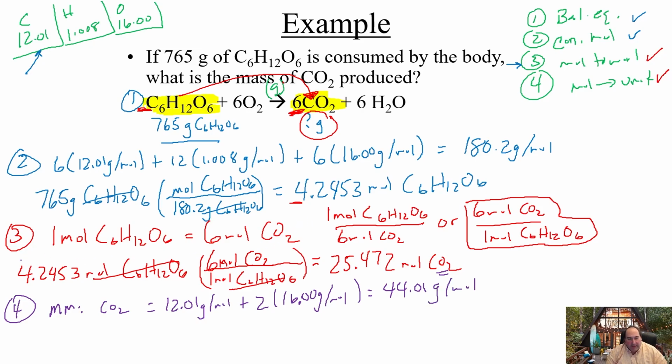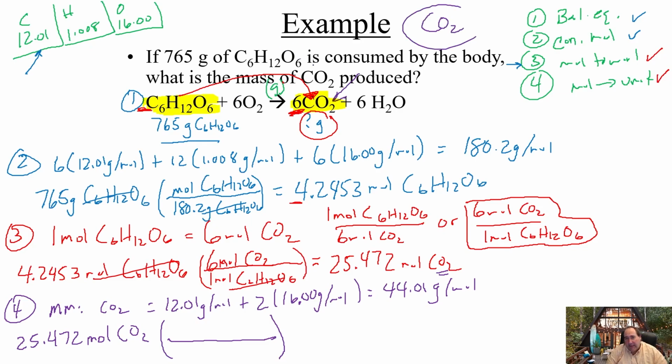So lastly here, we're going to take our number that we didn't round too much. I have the whole number on my calculator, so I'm just going to continue on with it. We're going to use the molar mass from the periodic table, based only on the formula of CO2, not the coefficient or anything like that.